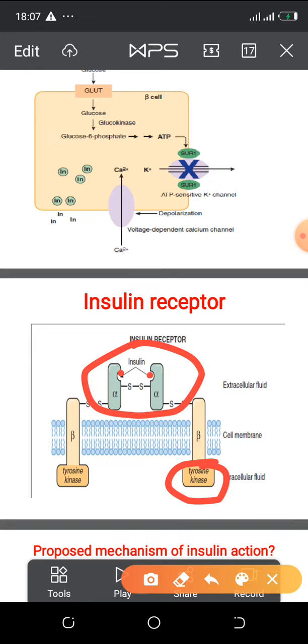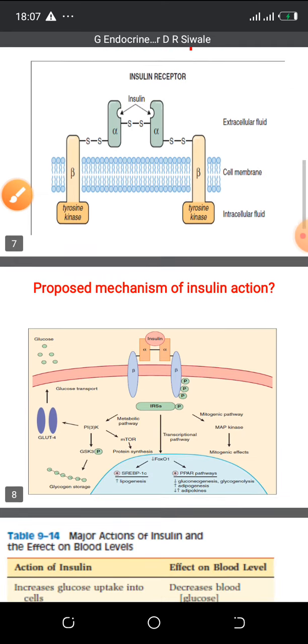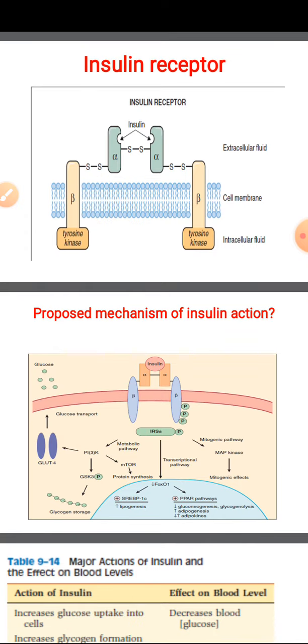If it is in the liver, insulin will cause storage of glucose, that is conversion of glucose to glycogen, and all those biochemical reactions will take place. If it is in the adipose cells, insulin will cause adipogenesis, whereby glucose is converted to fat and stored. So this is our insulin receptor. This is a proposed mechanism of action of insulin.